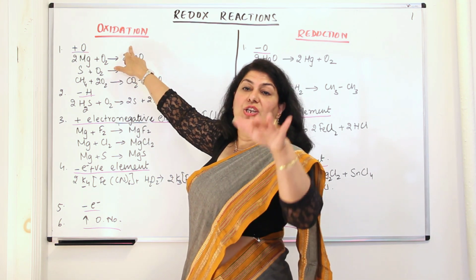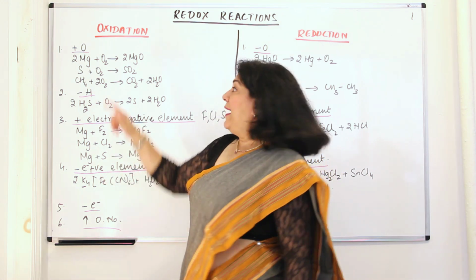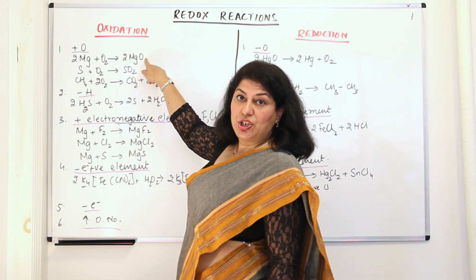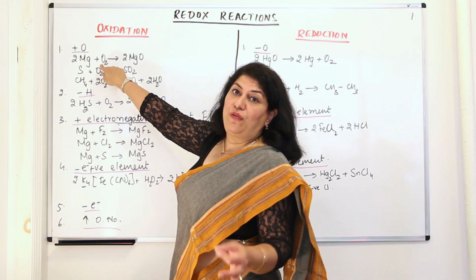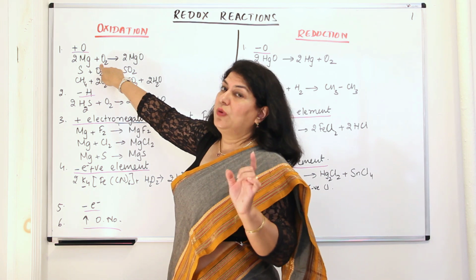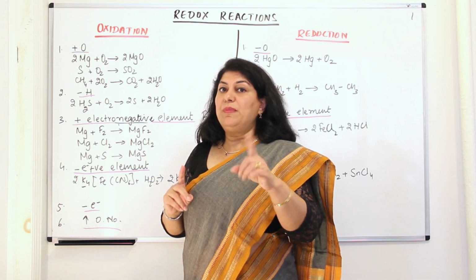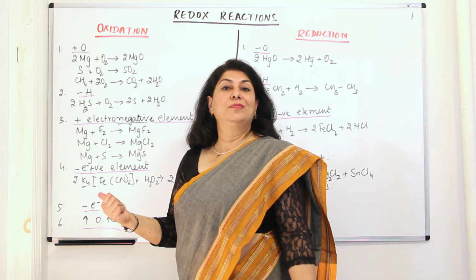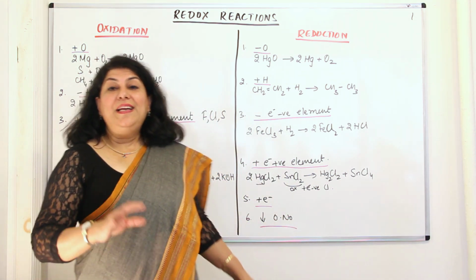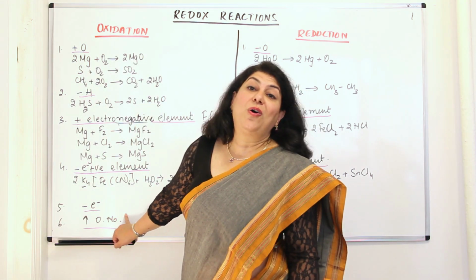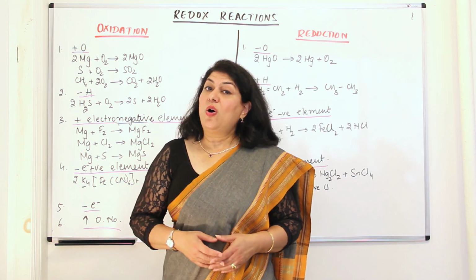It means its oxidation number increases. So magnesium got oxidized. And what about the change in oxidation number of oxygen, which got reduced? The oxidation number of oxygen in the oxygen molecule is 0, and in magnesium oxide it is -2. So the oxidation number changes from 0 to -2. A reduction in oxidation number will be reduction. An increase in oxidation number is oxidation. So these are the various definitions of reduction and oxidation.